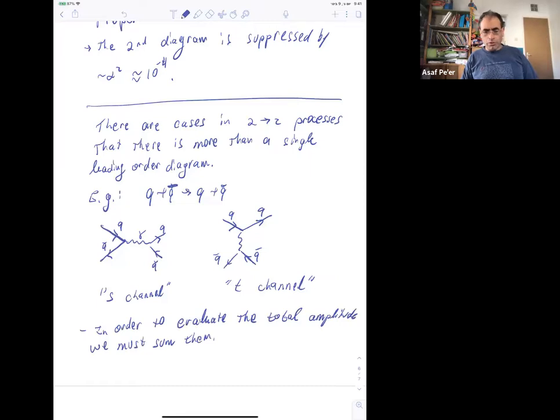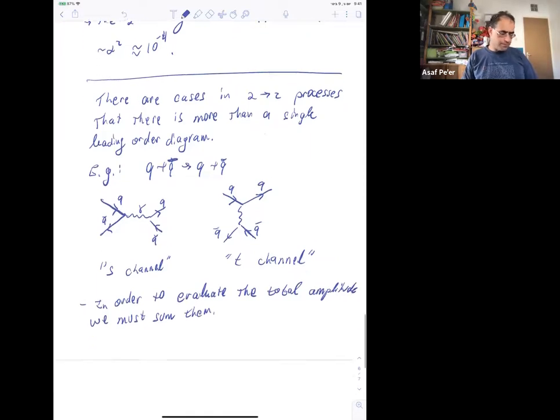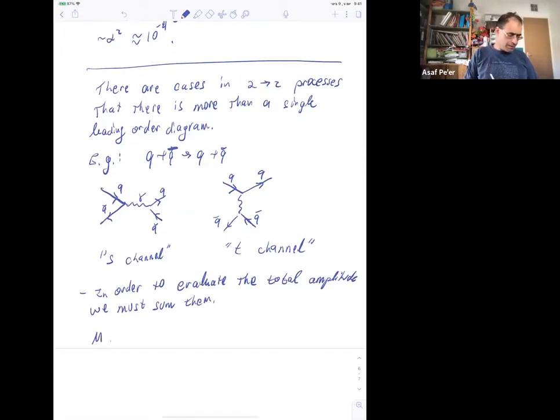This is true for all orders of perturbation theory. So M is the sum over i in order 1 of Mi, plus the sum over j in order 2 of Mj, plus the sum over k in order 3 of Mk, plus whatever.